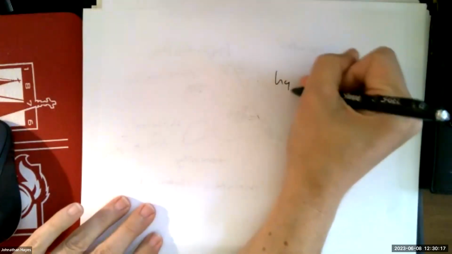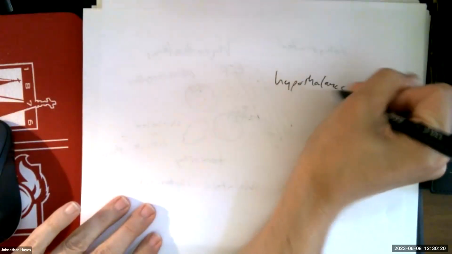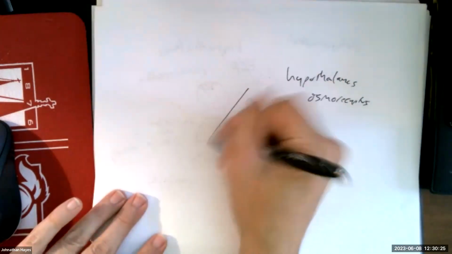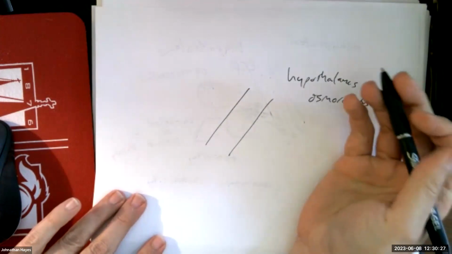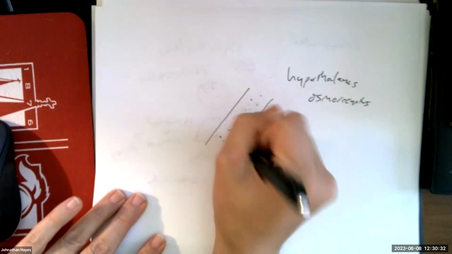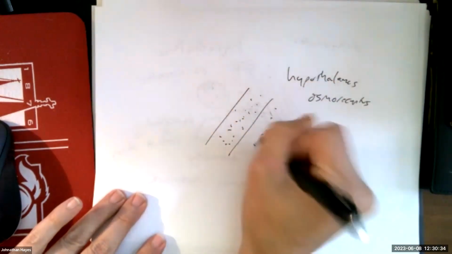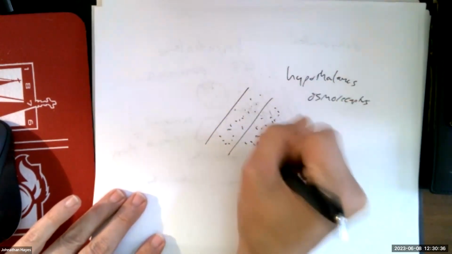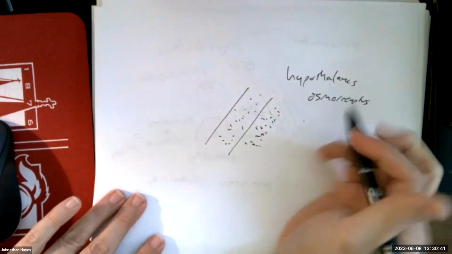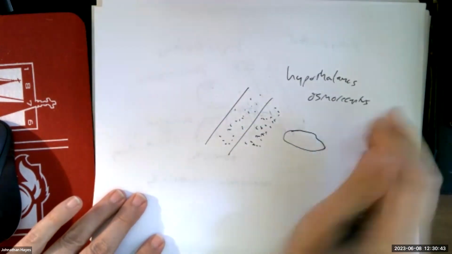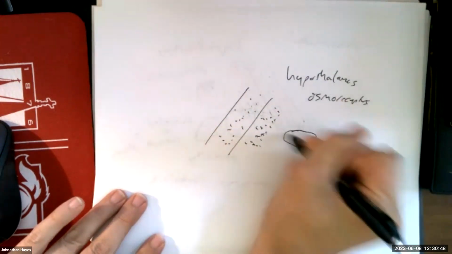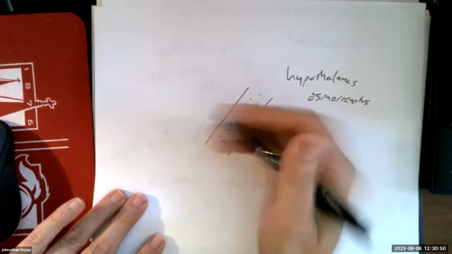And vice versa. Let's say these are hypothalamus osmoreceptors, and we have consumed a lot of sugar, salt, soy sauce, something like that. Let's say fluid volume's normal, but we've just consumed a lot of salt. That could also create a hypertonic environment. The reason the cells will shrink this time is not because you weren't drinking, it's that I took in way too much solute. So they'll crenate again, and then you'll be thirsty.